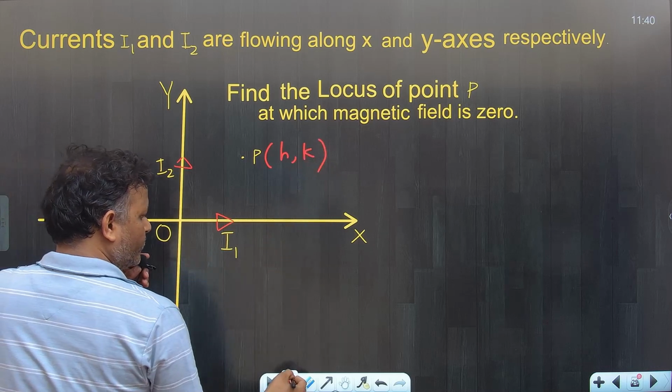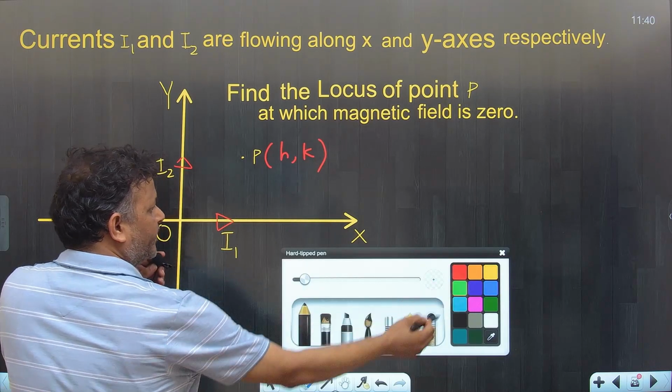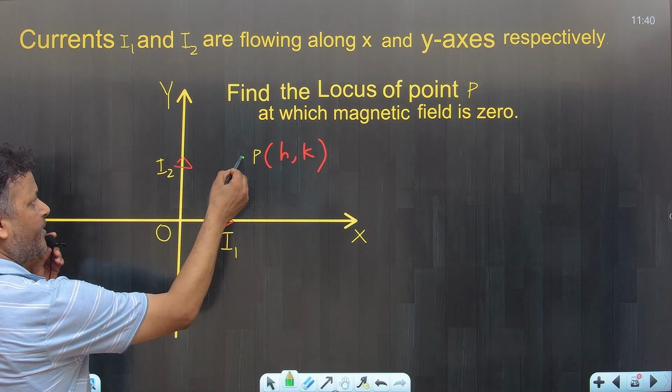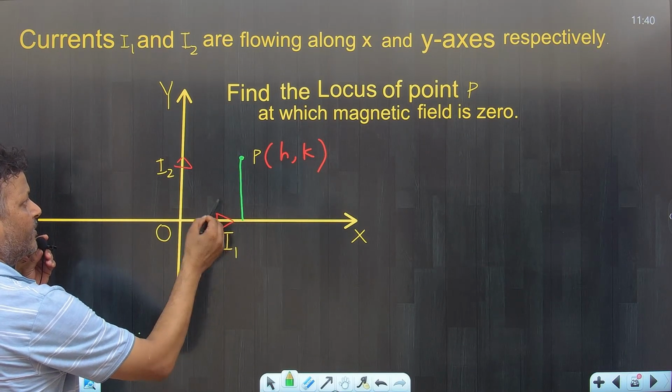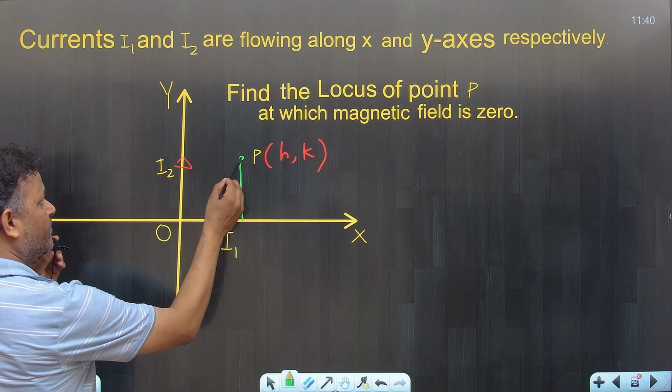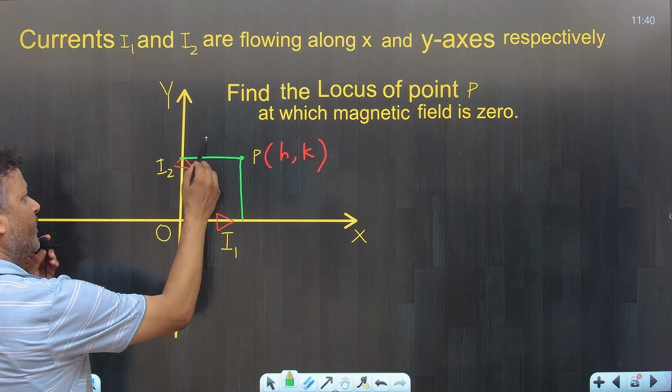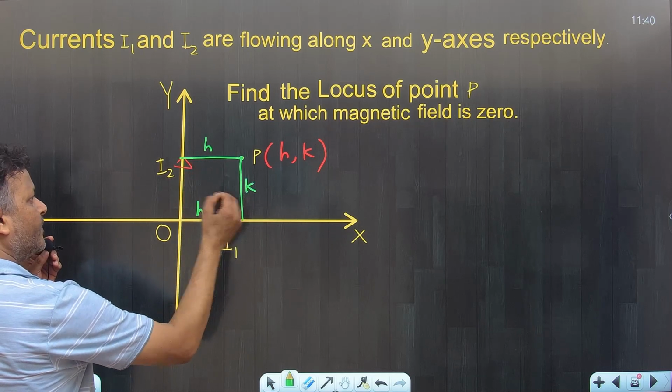What you do to find the locus? The distance of this point from here, this value is h, this value is k, right?